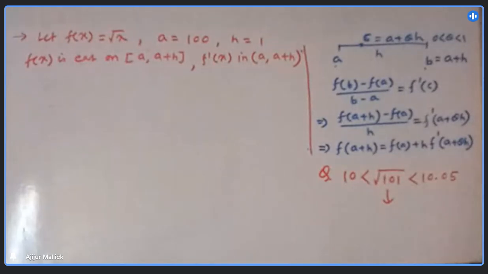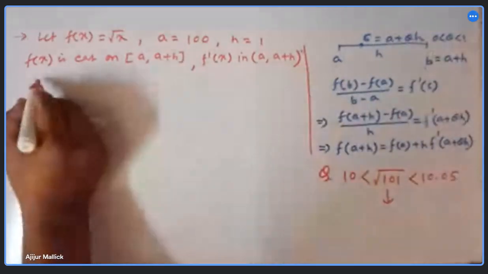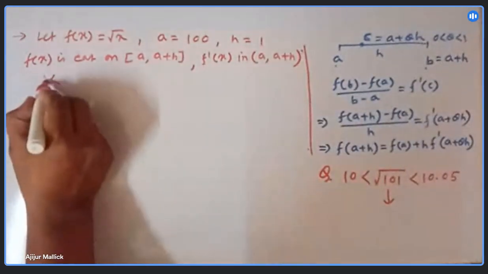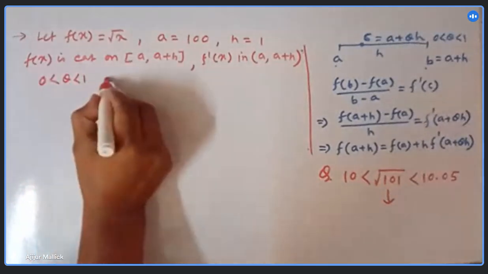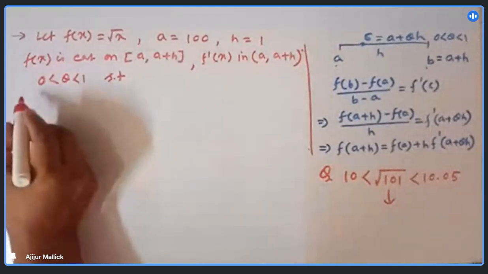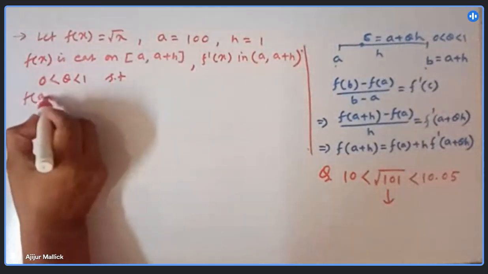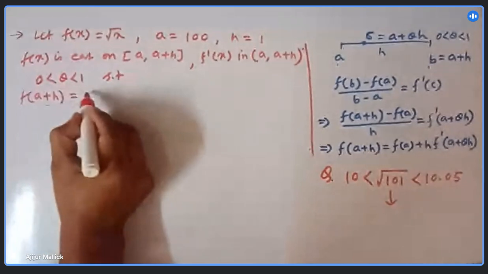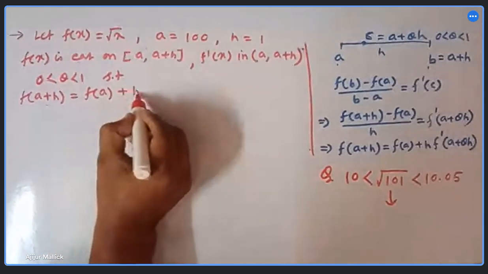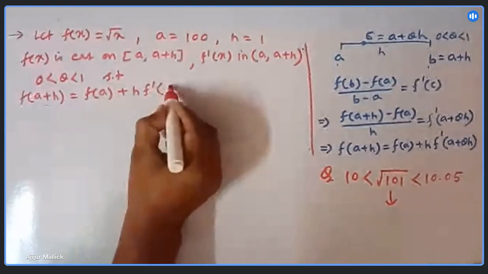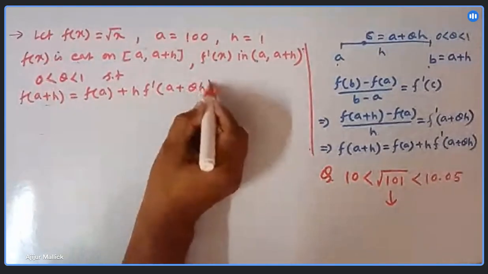Therefore, there exists theta such that 0 is less than theta less than 1. You have to mention this condition, such that f of a plus h is equal to f of a plus h into f dash of a plus theta into h.